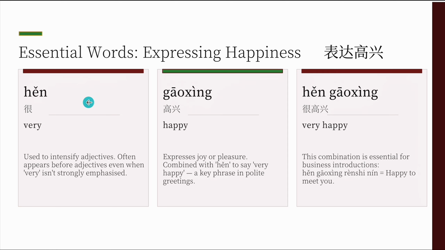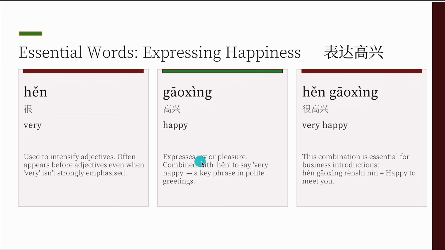Then words expressing happiness. 很高兴. 很 means very. It is used to intensify adjectives, and often appears before adjectives even when very isn't strongly emphasized. 高兴 means happy.